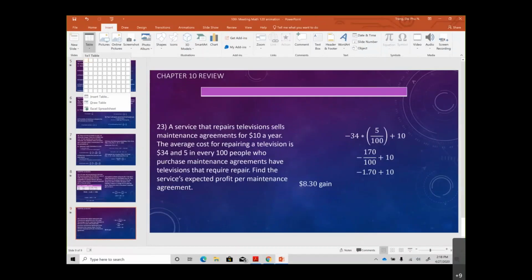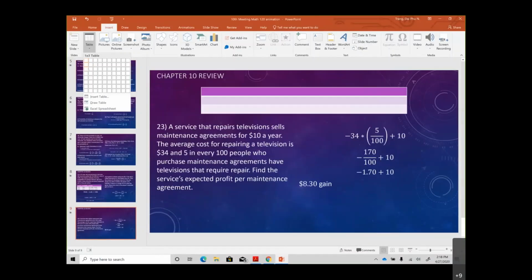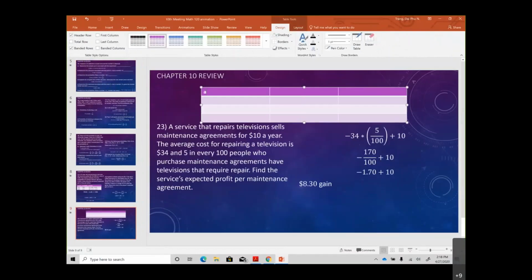So if you do it this way, let's say this is the amount, this is the probability, and this is multiply. So the amount that we have, because we are looking for the service expected gain or expected loss.